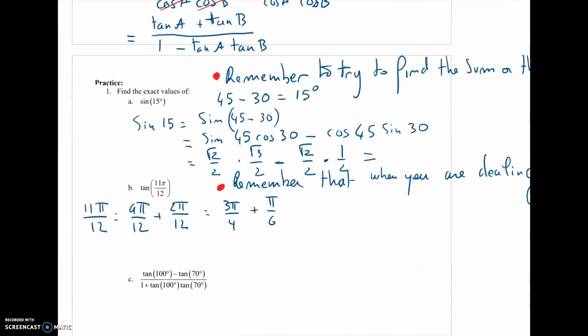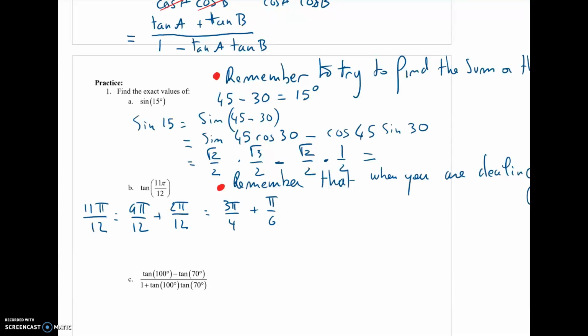Same idea for the tangent. In that case, we are not dealing with an angle written in degrees, but an angle written in radians. So you have to transform 11π/12 into the sum or the difference of two angles, multiples of π, but also angles that you have in your trigonometric circle.